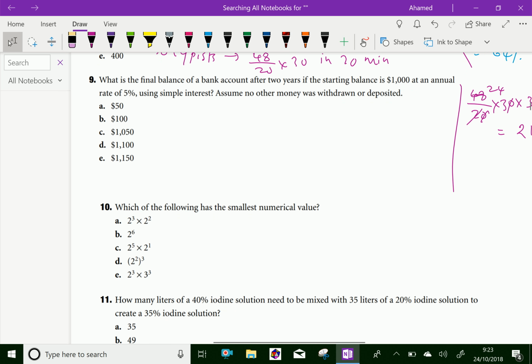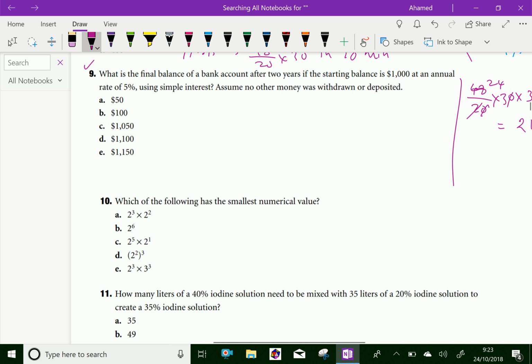Here question number 9. What is the final balance of a bank account after 2 years if the starting balance is $1,000 at an annual rate of 5% interest using simple interest? Assume no other money was withdrawn or deposited. Now the initial deposit, that is P, equals $1,000, rate of interest R equals 5%.